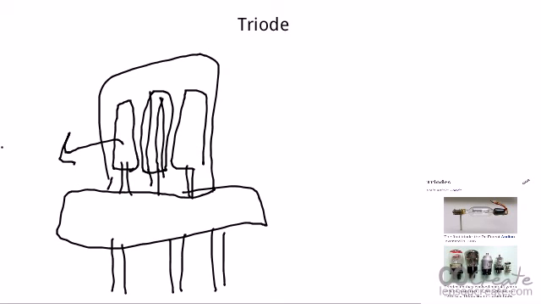This is our heated filament. Emission of electrons takes place from this filament only.